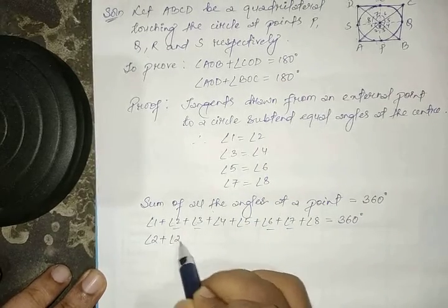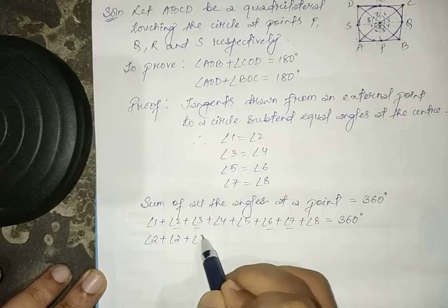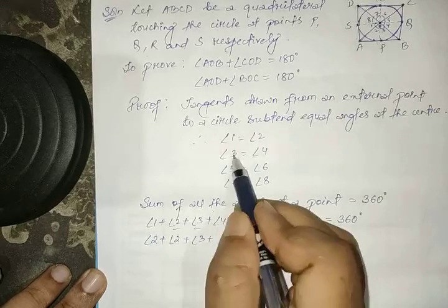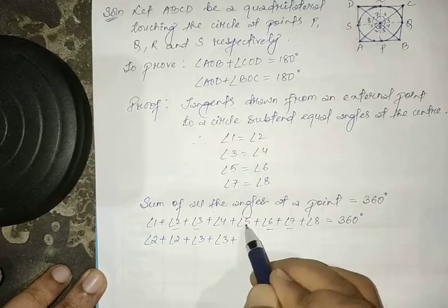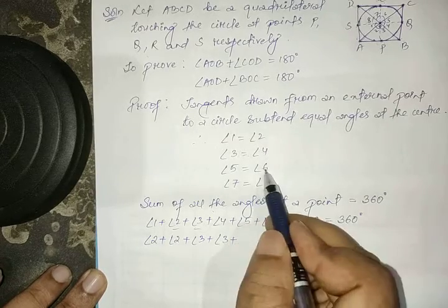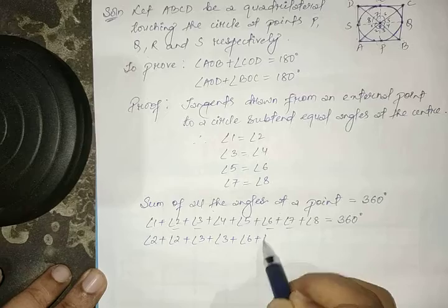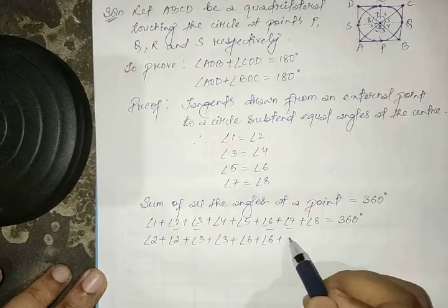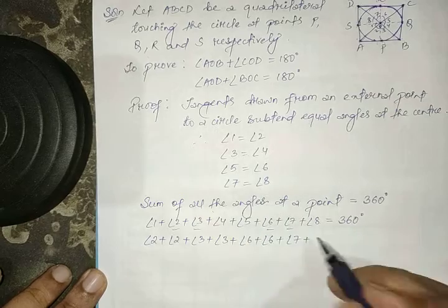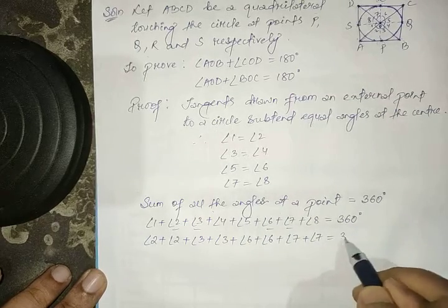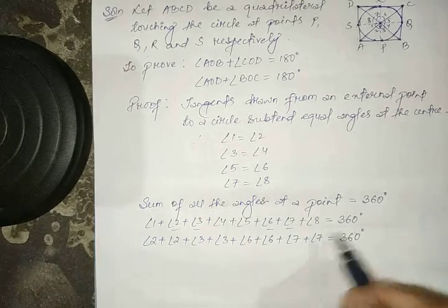Angle 3 we keep as it is. Angle 4 is equal to angle 3, so in place of 4 we'll write 3. Angle 5 is equal to angle 6, so we'll write 6. Angle 6 and angle 7 we keep as they are. Angle 8 is equal to angle 7, so we'll write angle 7, equal to 360 degrees.